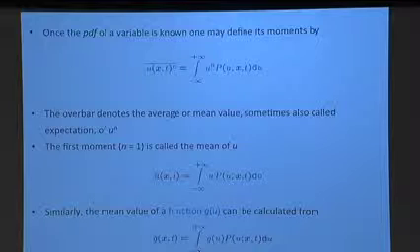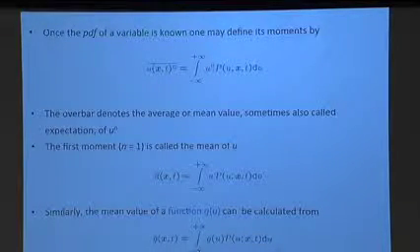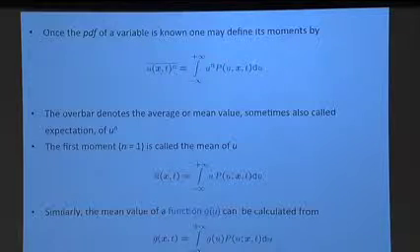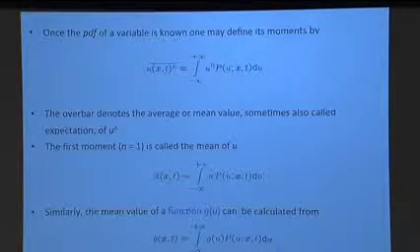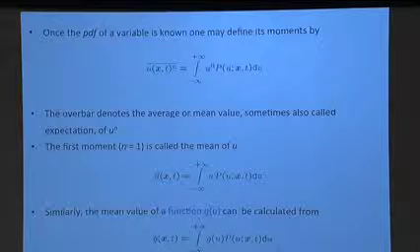You always need to know which one we mean when we use the symbol. Now, if you have the PDF, then from the PDF you can get the moments of the PDF, just by integrating a function like this. We denote this integration with a bar.